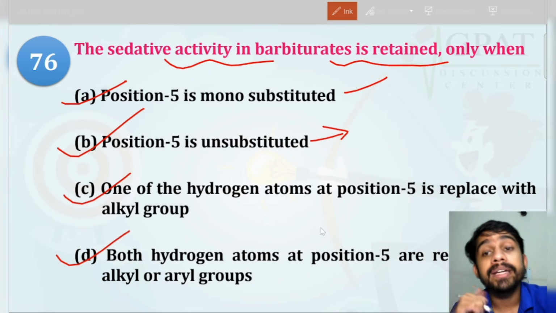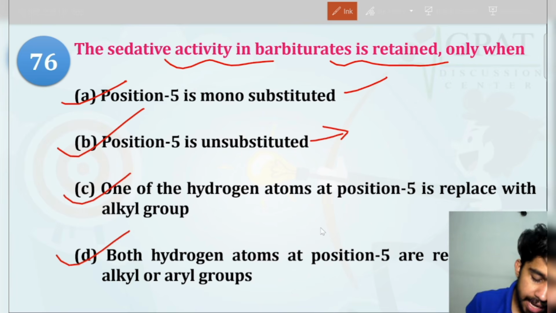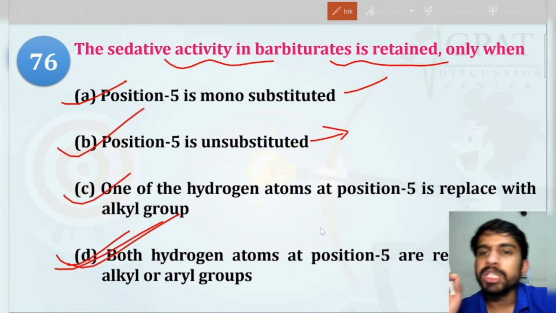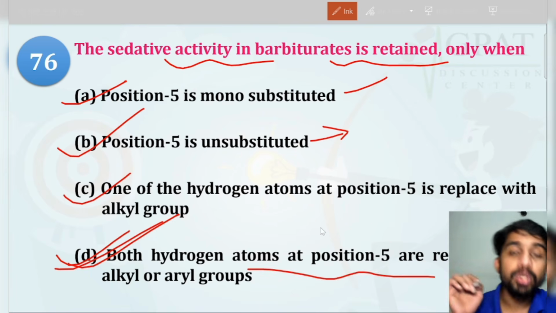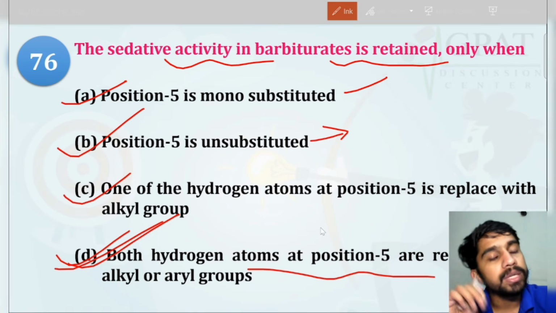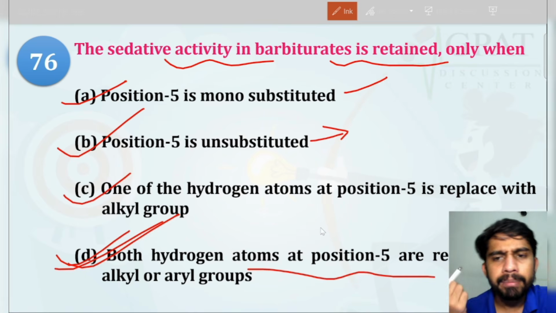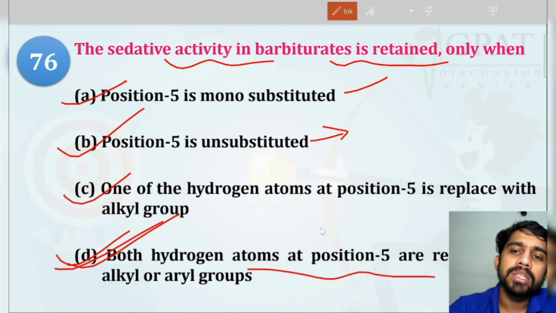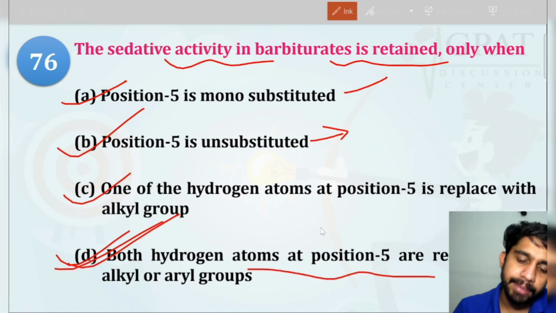But in order to get higher sedative activity, there should be disubstitution, that is both hydrogens at position 5 are replaced with alkyl or aryl groups, and it increases the optimal lipophilicity and also increases the receptor binding. So the correct answer for this question will be option D, guys.